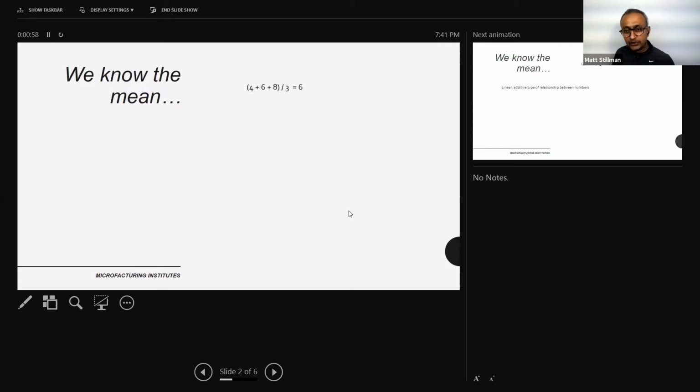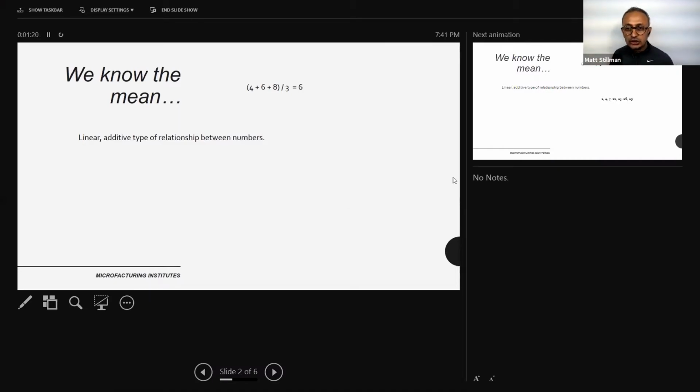So, for example, we know the arithmetic mean, right? When you add 4 plus 6 plus 8, if you want to find a mean, you divide that by 3 because you have 3 instances of that number, and you get 6. So what is the underlying thing you're trying to do?